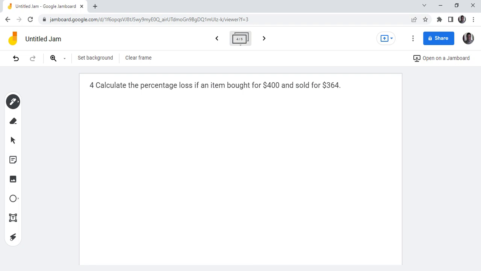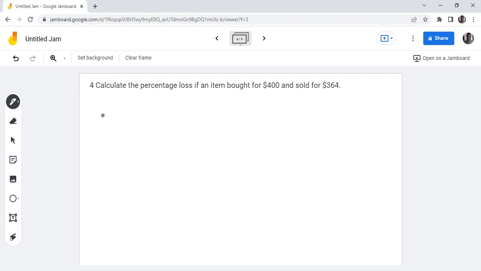So the opposite is cost price take away selling price, because when you receive a loss, the selling price would be lower than the cost price, right?